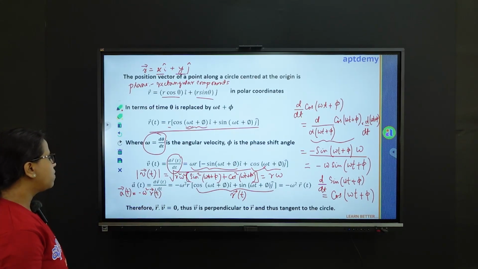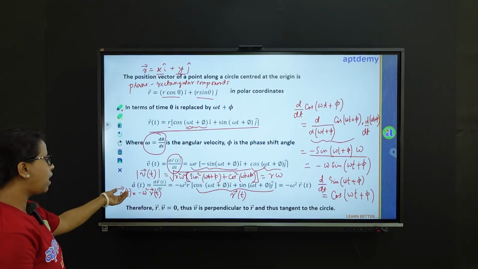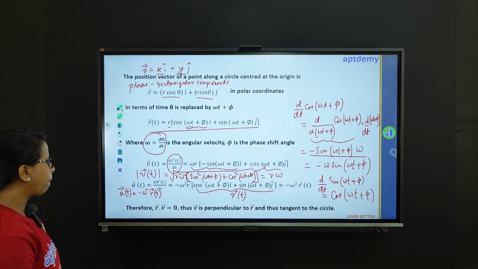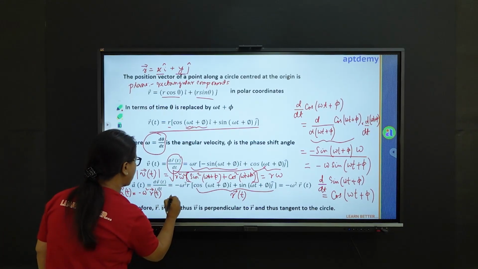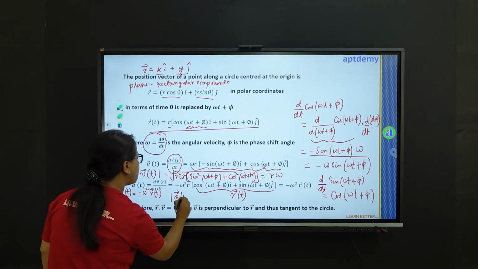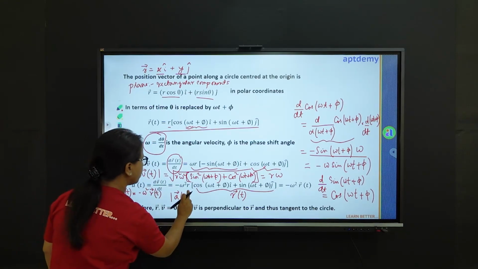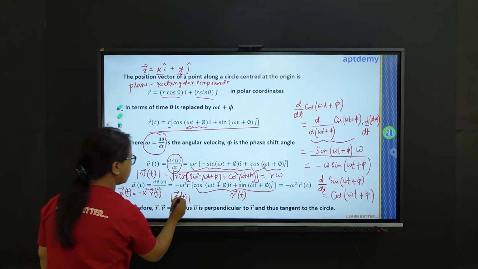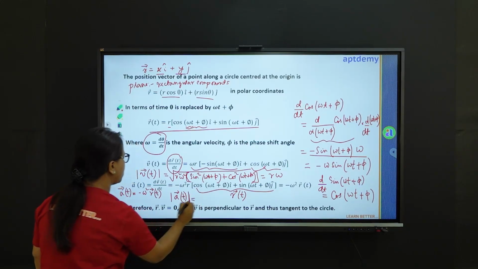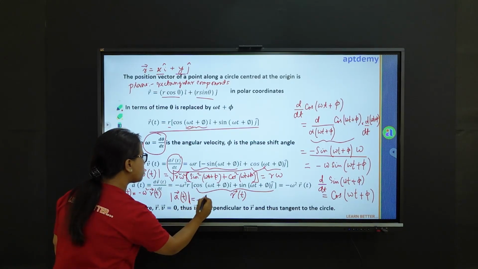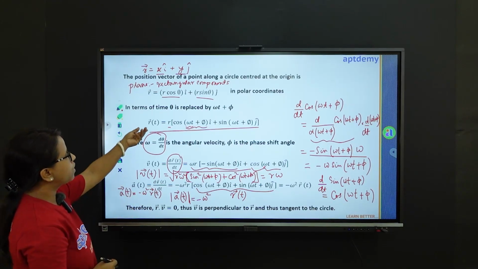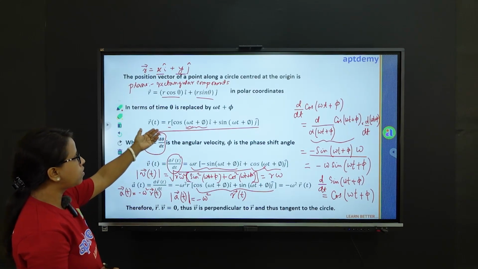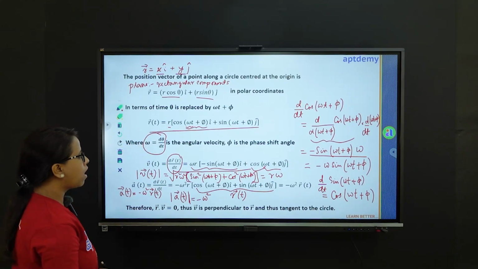Now you can find out the magnitude of vector a of t as well. The modulus sign has to be carefully given. So this is minus omega square, and talking about the modulus of vector r of t, the magnitude, it is nothing but r square.